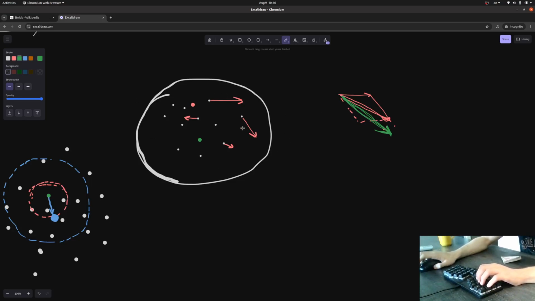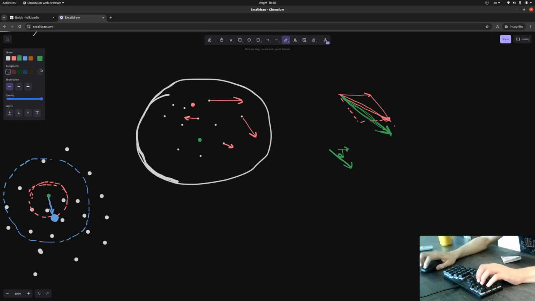But I want to obtain just a direction, just a simple direction, like so, which has unit length. Direction, it's a unit vector. And then I want to take this direction. For example, my Boid has this velocity, but I have the group direction.